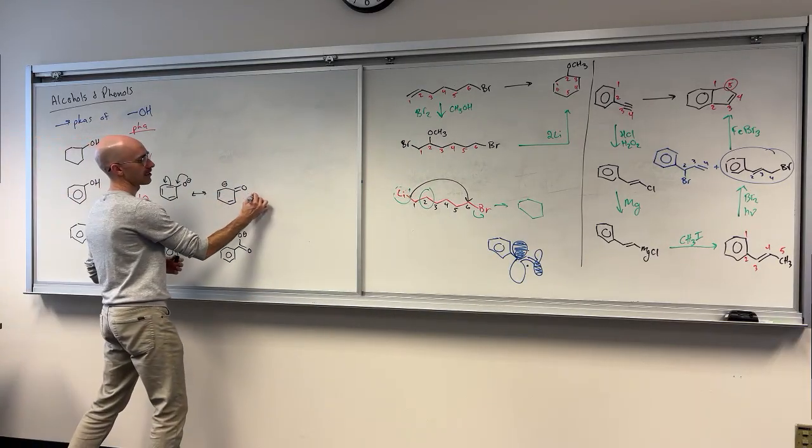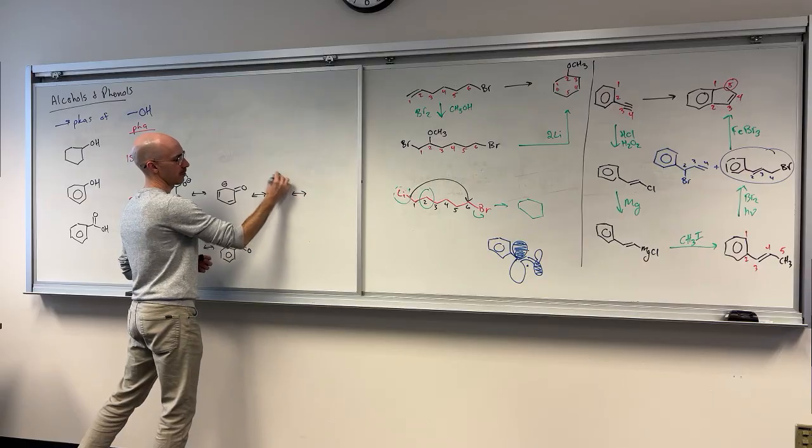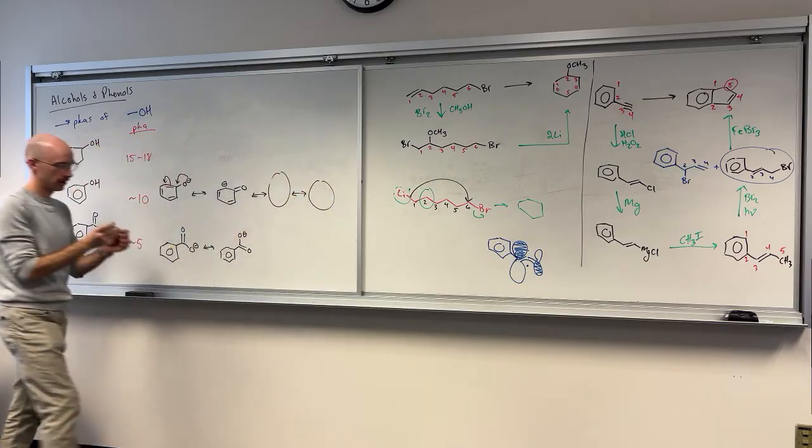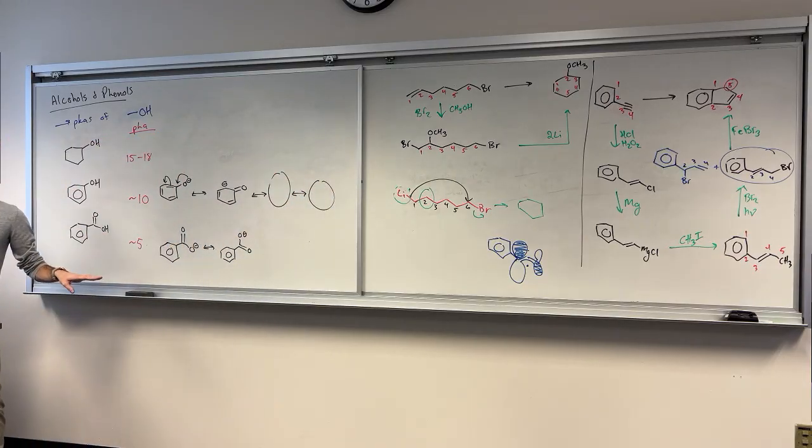To be fair, I did show the same number of resonance forms, but I'm skipping 2 of them. It has less resonance than phenol. So why is it more acidic? Is it because there's more atoms, like the oxygens on it?